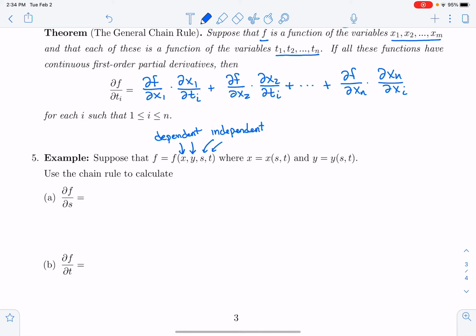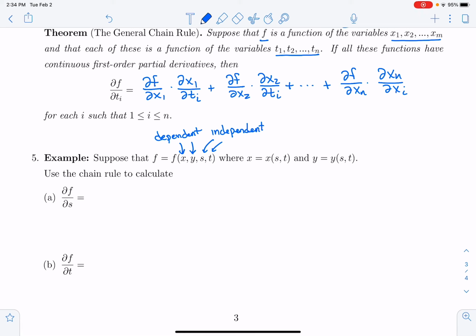So x is a function of s and t, and y is a function of s and t. But f could also be a function of s and t. So f is a function of x, which is a function of s and t, a function of y, which is a function of s and t, and then f is also just a function of s and t itself. Whew. So the question is what is the derivative of f with respect to s?